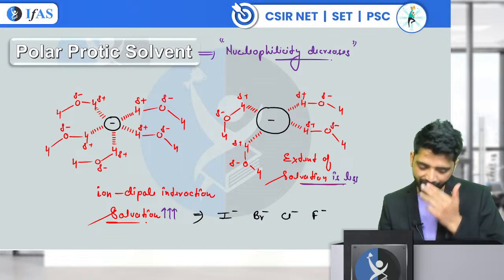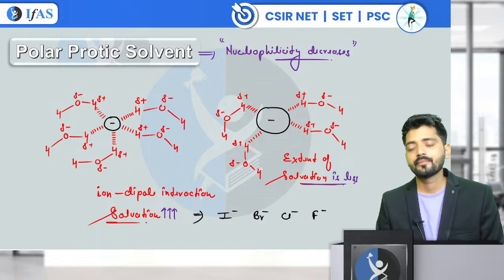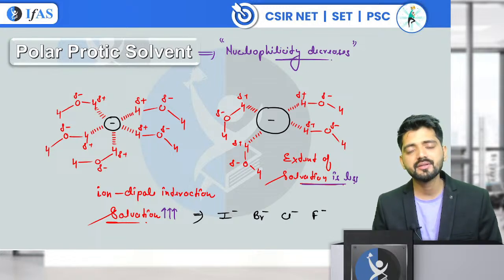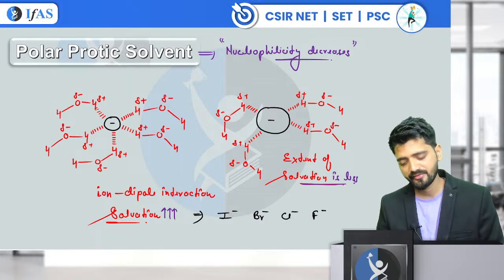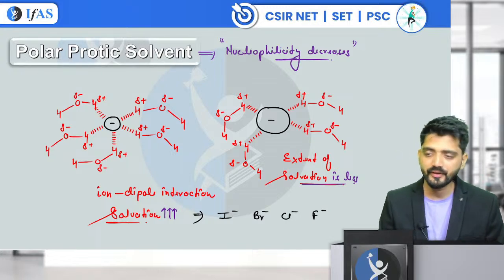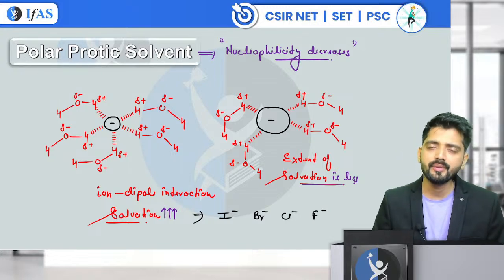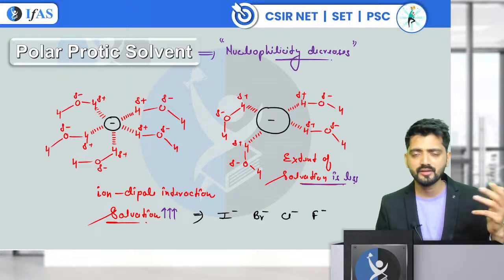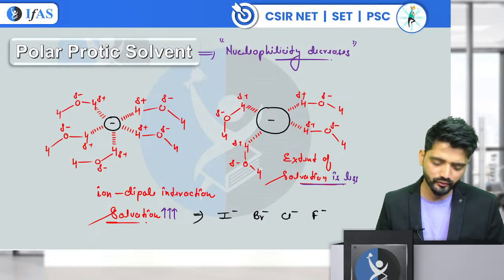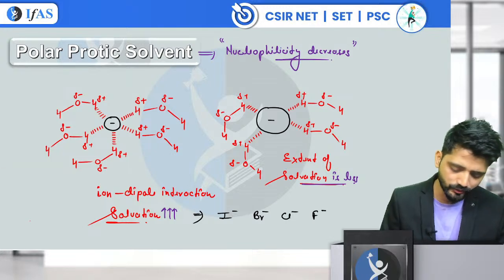If I have I minus, Br minus, Cl minus and F minus, then what should be the order? Very good. Sir, the order remains the same, which we were studying in yesterday's lecture: the larger the size of an ion, the more the nucleophilicity, and it also works in a polar protic solvent.